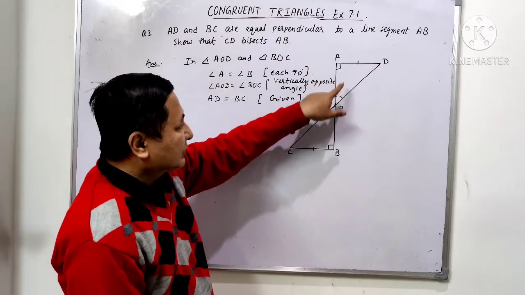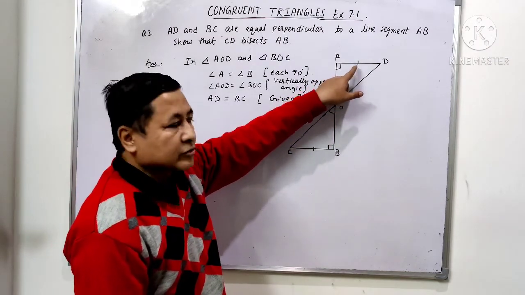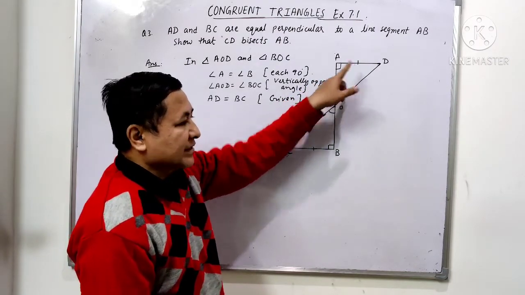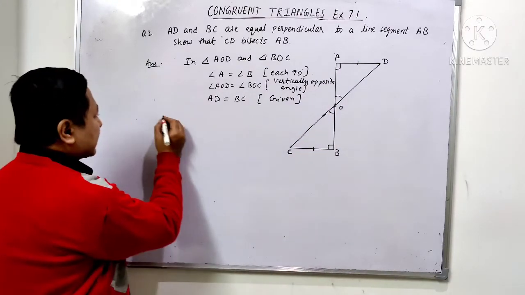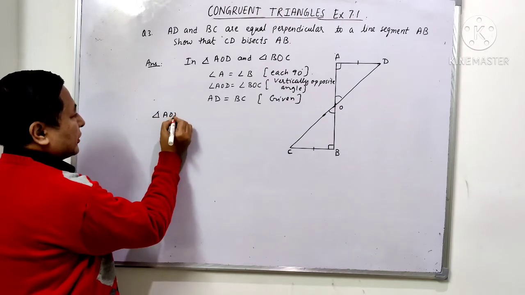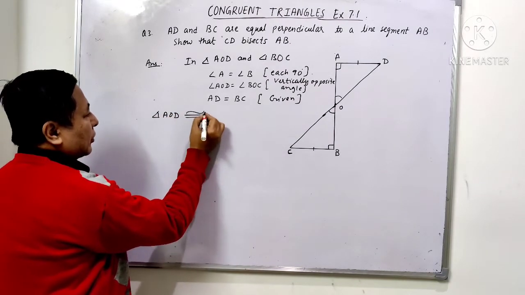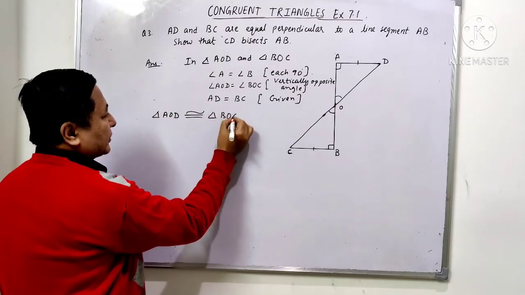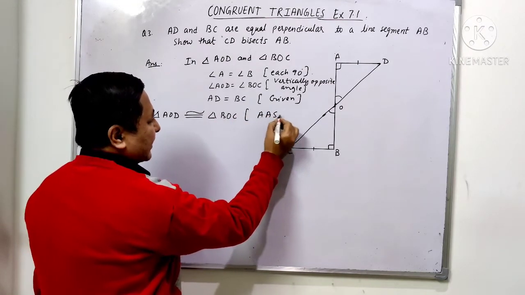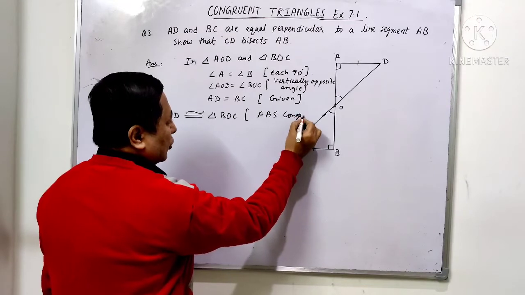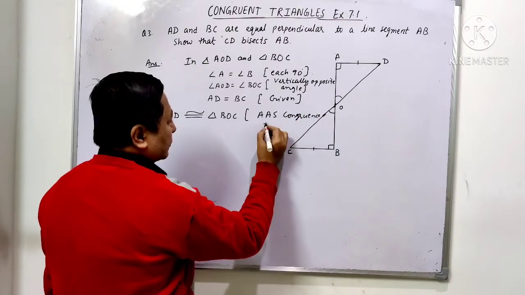This is angle, another angle, and then side. So AAS. The triangle AOD is congruent to triangle BOC by the angle, angle, side congruence rule.